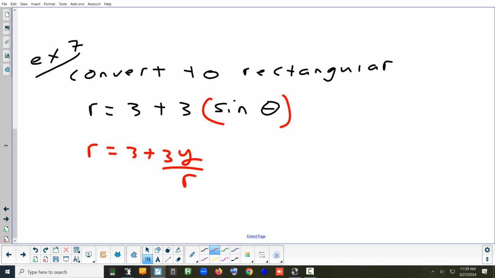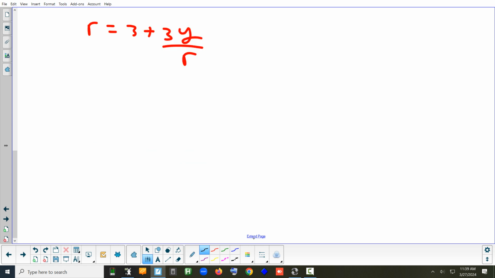All right, so now we've got 3 plus 3y over r. Now, I generally don't like to have any fractions, so what could we do here that would get rid of all my fractions? Yeah, we can multiply everything by r. And can you tell me what that'll give me when I do that?